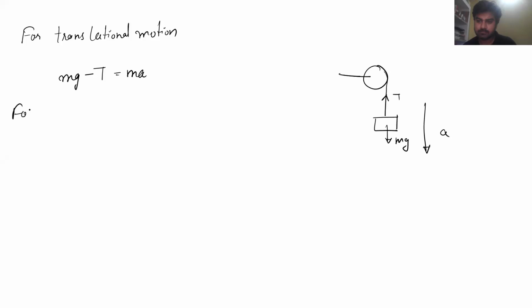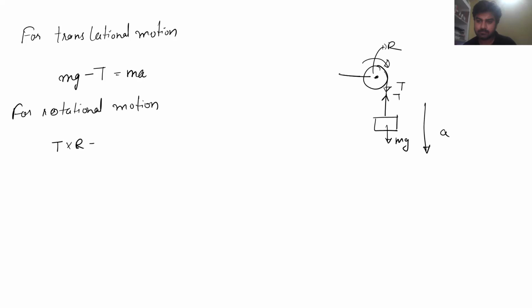Now for rotational motion, this pulley will rotate also like this. So when it rotates, for rotational motion, the equation can be the torque, because this tension here will apply some torque, right? So torque is, let's say the radius is r. So torque will be tension into r.